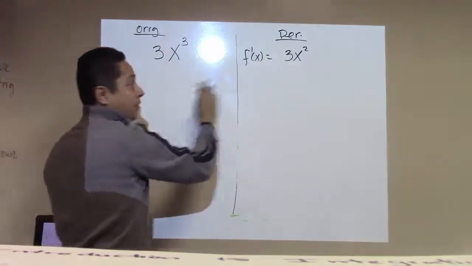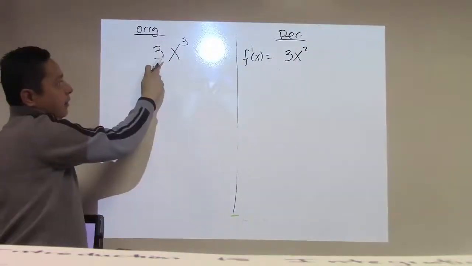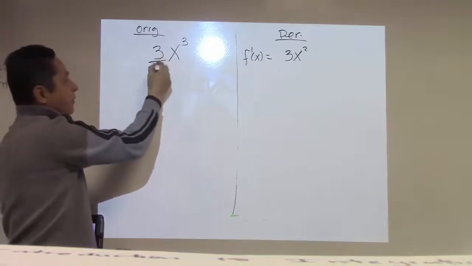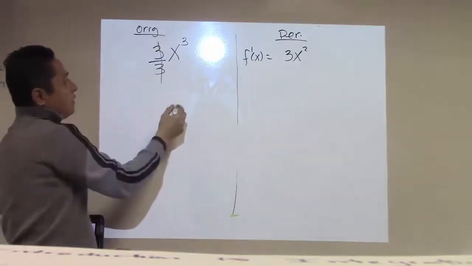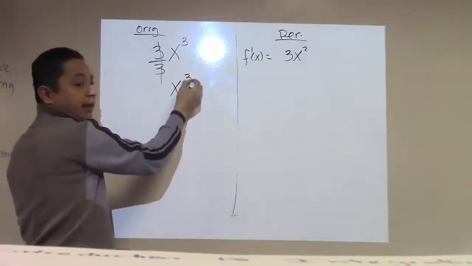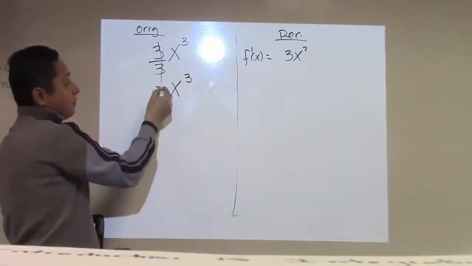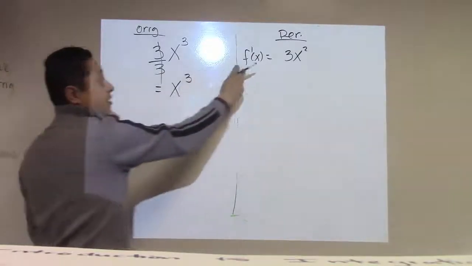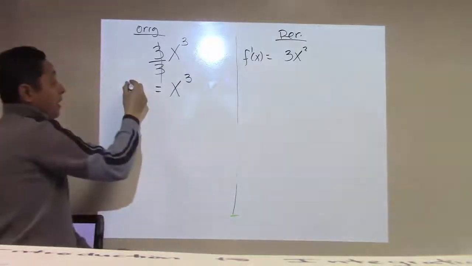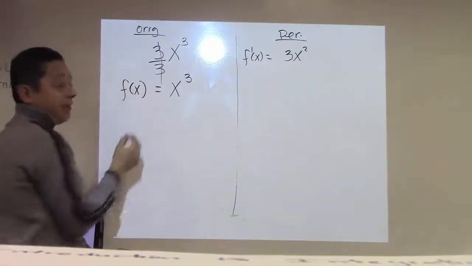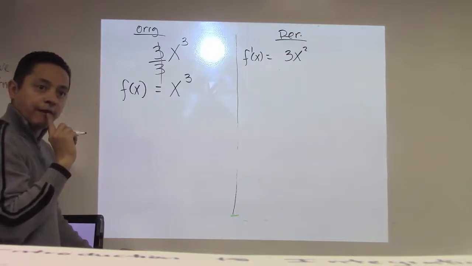It's already there. After you bump it up, you're going to have to divide by 3. Those cancel, so your final answer is x cubed. And because this is f prime and we're going backwards, we have to call this one f of x. So far so good?